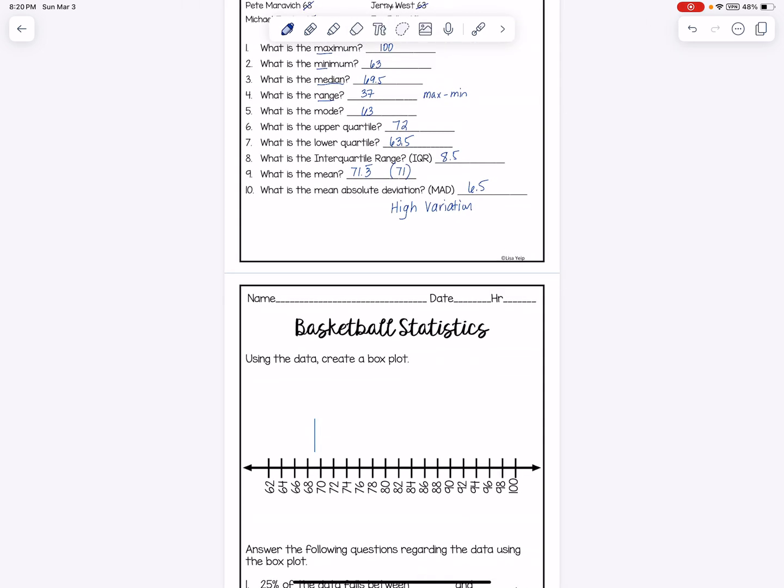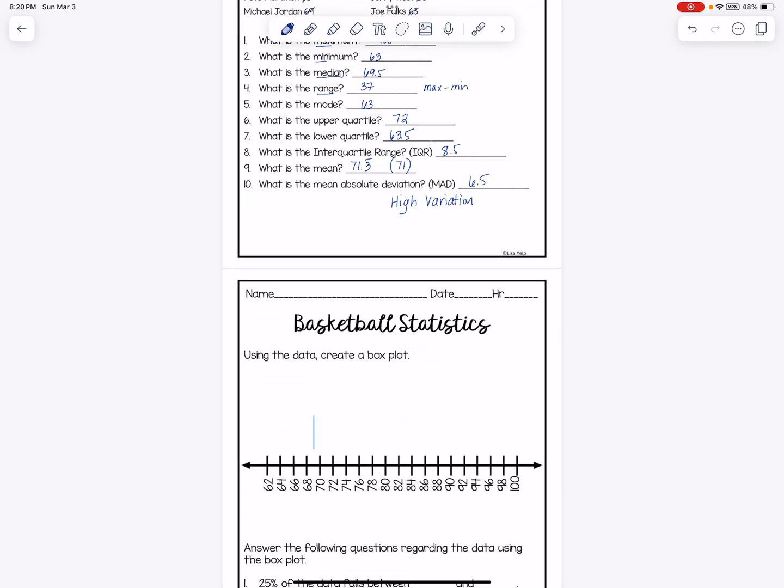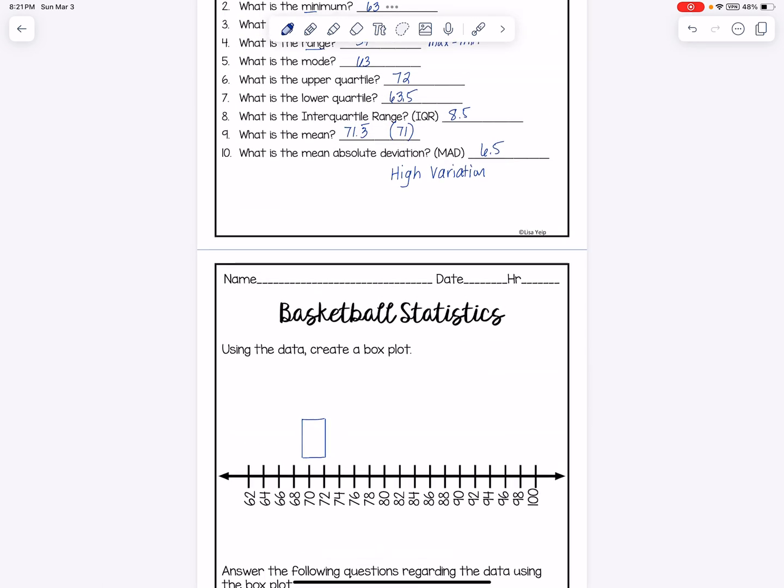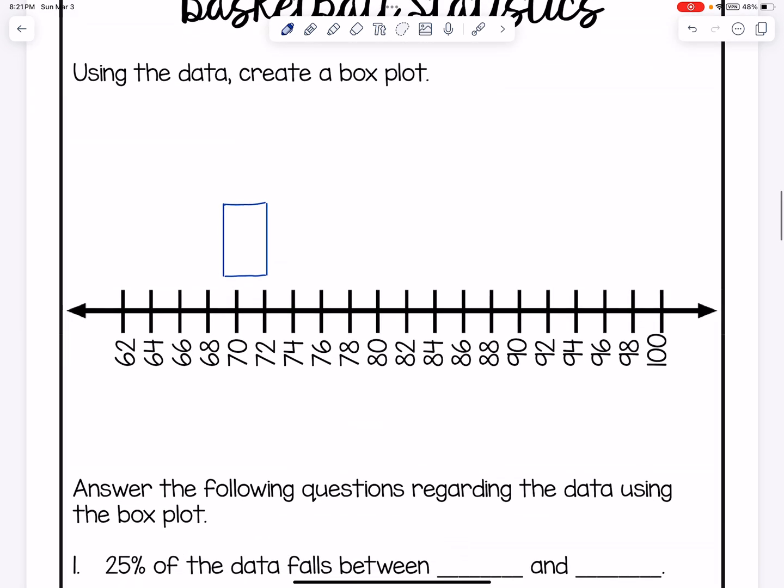Now we need to go to our upper quartile, which is 72. I'm going to draw the line straight down at 72 first, and then we can connect the dots. Let's get our lower quartile, which is 63.5. So we'll just say 62, 63, so about right there.